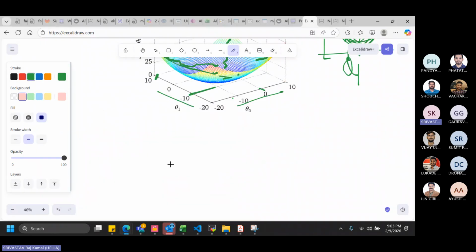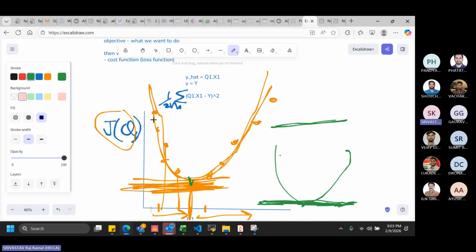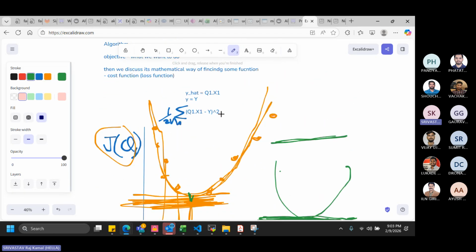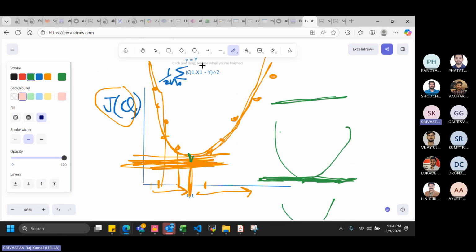Let me boil down all the stuff again here. Initially we discussed that I want to come up with some y hat. Then I decided that mean squared error is one way. Then I decided to take the derivative. By taking the derivative, I will get the minima. But now we never deal with just one variable. We deal with n number of variables. So it's not just a plain quadratic equation, for which there exists one minima.